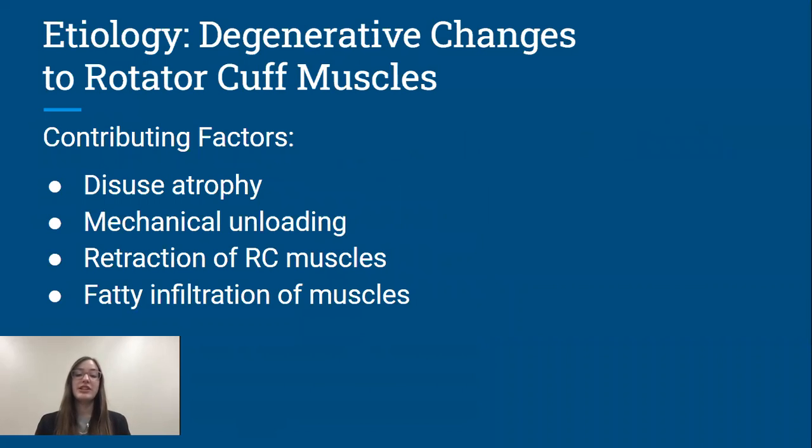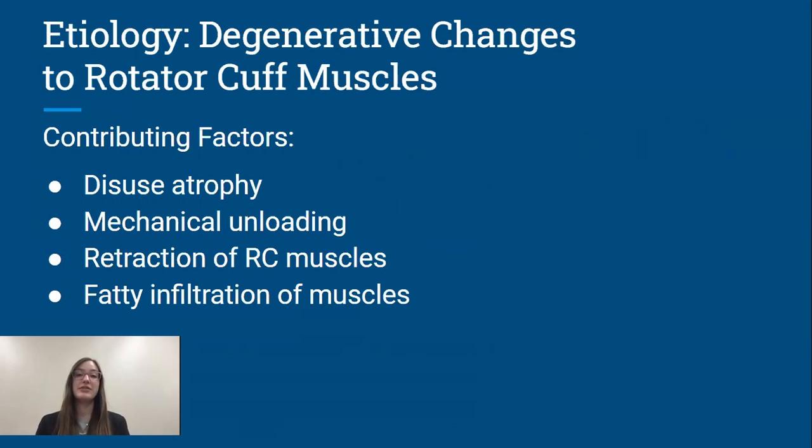When discussing the etiology of rotator cuff tears that are degenerative, it is helpful to explore the changes that occur over time within its muscles and tendons in order to create an overall musculoskeletal environment that is prone to deterioration.